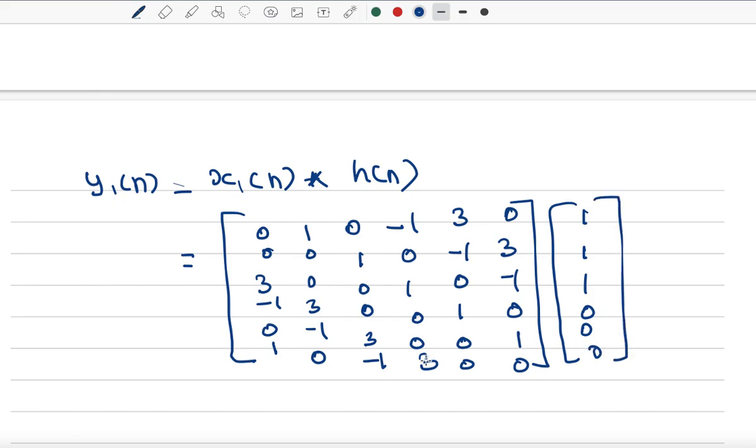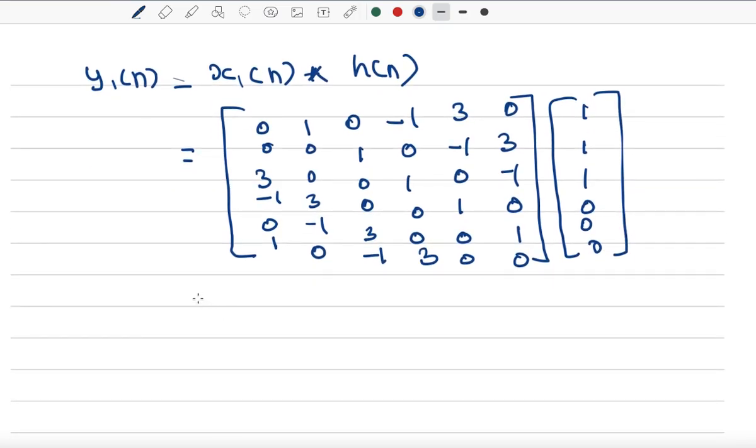Now in a similar way we perform the matrix multiplication and find y1 of n, considering the first row and this column. So y1 of n equal to 1 1 3 2 2 0.